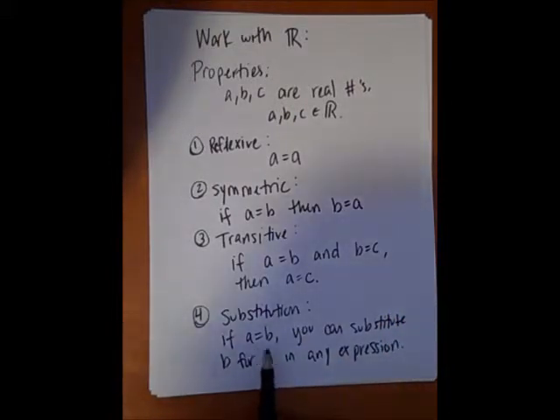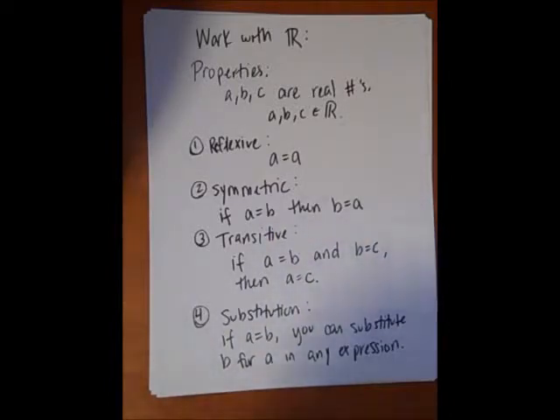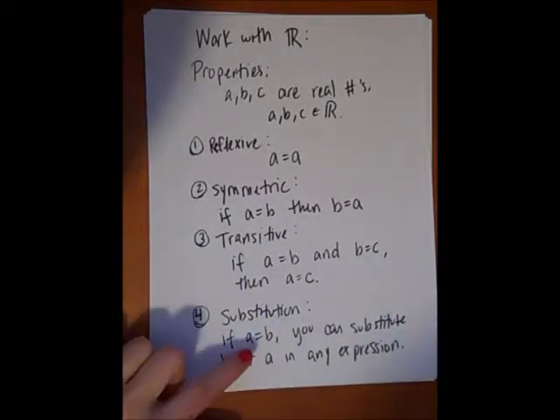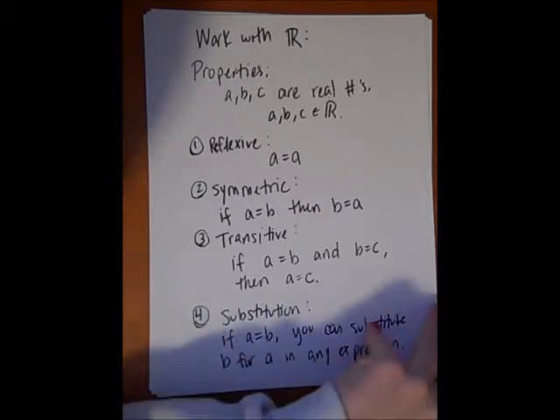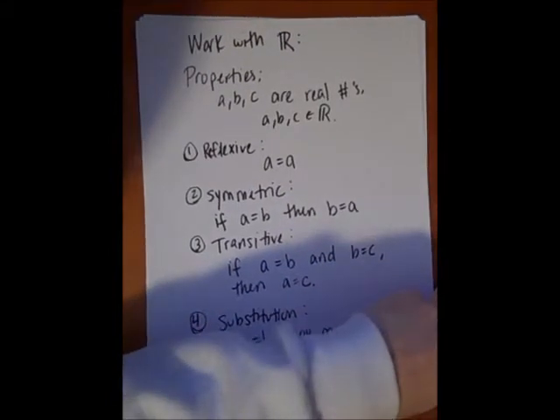So if you know that two things are equal, you can substitute them wherever you want. In the English language, it's kind of like saying, if you were a girl and your name was Mary, your dad would probably refer to you as his daughter or Mary, but they're both equal. He could substitute those in any sentence and people would know what he was talking about. So as long as two things are equal, you can substitute one for the other. So that's the substitution.